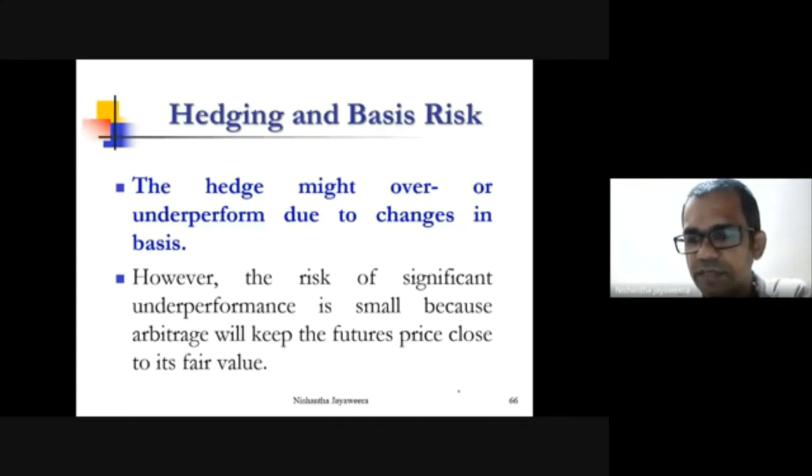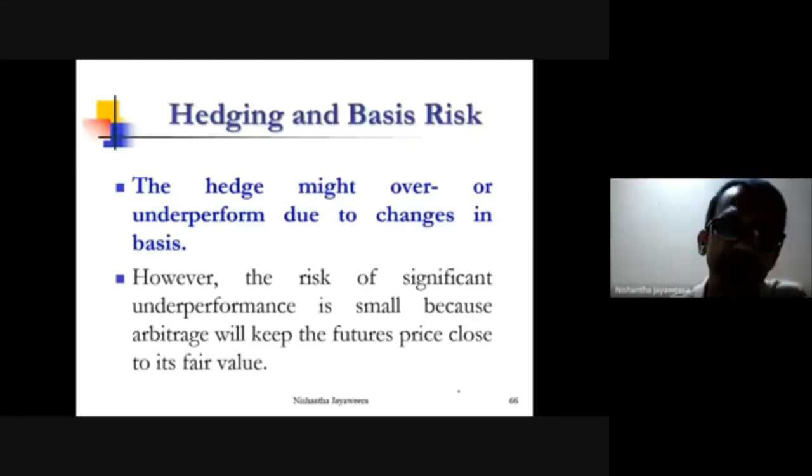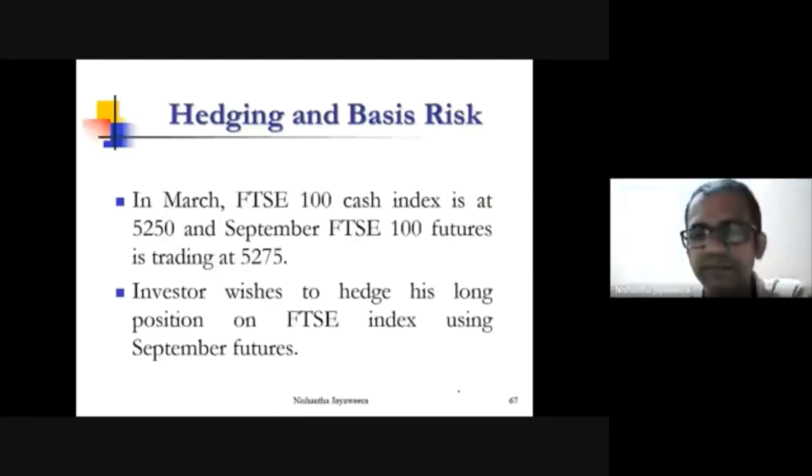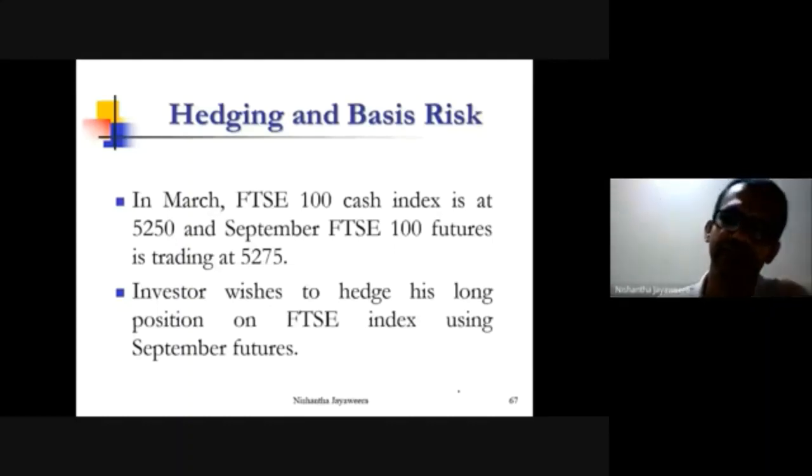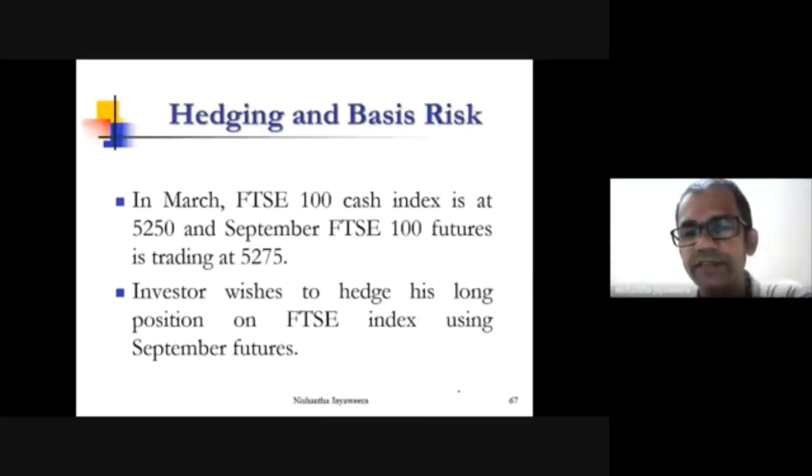So this basis risk is very small, and most of the time we try to ignore it. But if you need, you can take some actions to negate it as well, to make it a perfect hedge. In that case, you may have to do more trades, or actively trade futures contracts, adjusting your position to make it a perfect hedge.